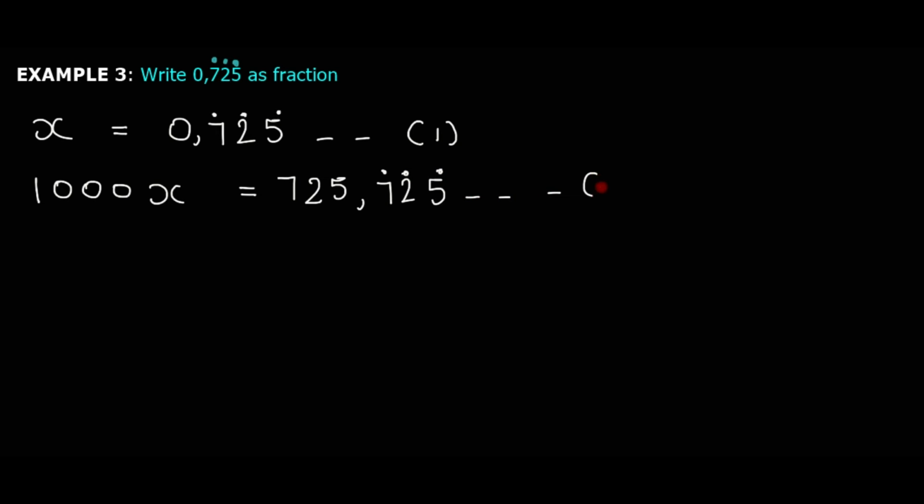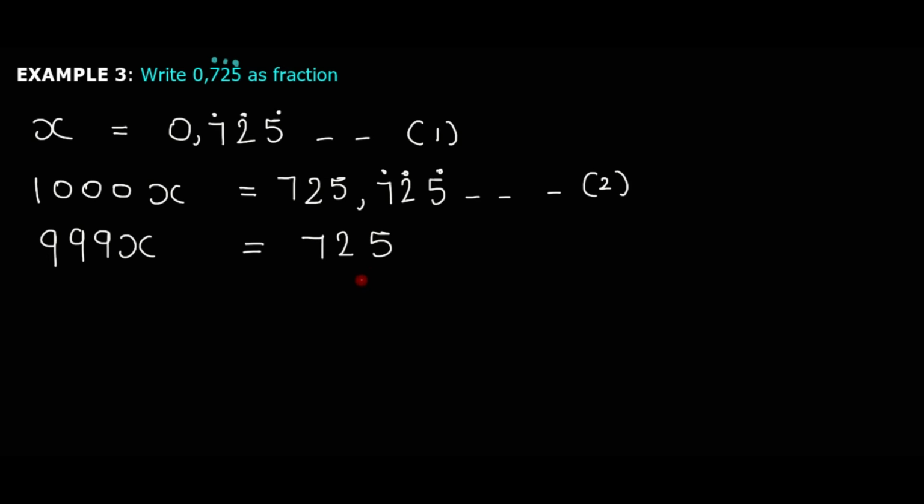And then we name it equation 2, and from there we say equation 2 minus equation 1. So 1000x minus x gives 999x, and 725.725 recurring minus 0.725 gives 725.